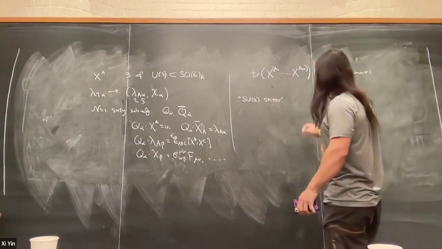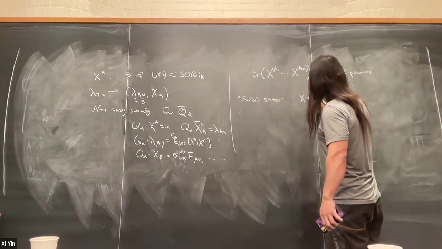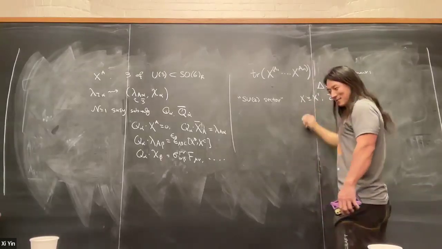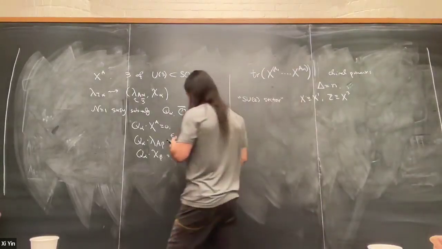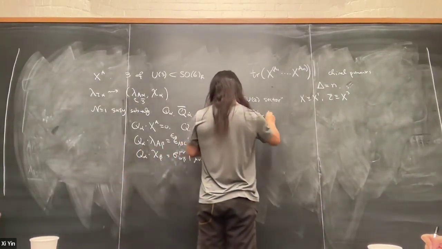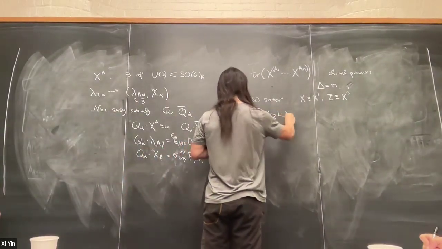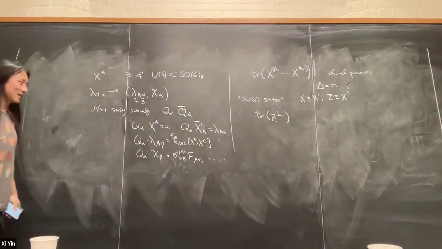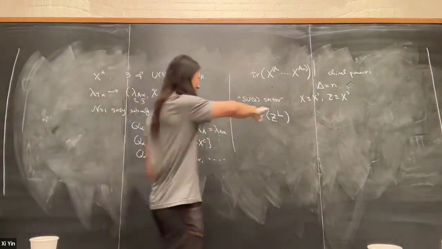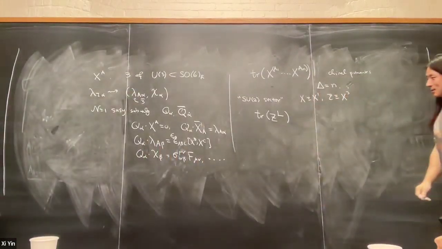I'm going to write X to be X1 and Z to be X3, in some arbitrary choice. So we're going to start with the operator trace Z^L. L is the total number of Z's inside the trace. This, of course, is a chiral primary we just discussed.